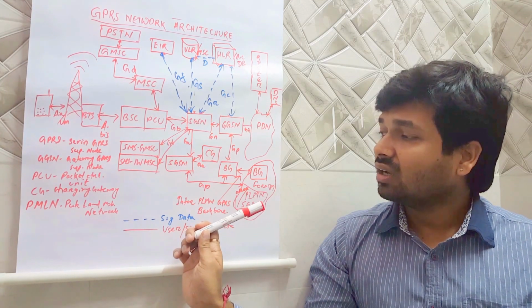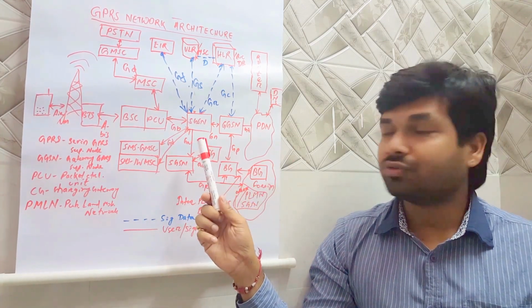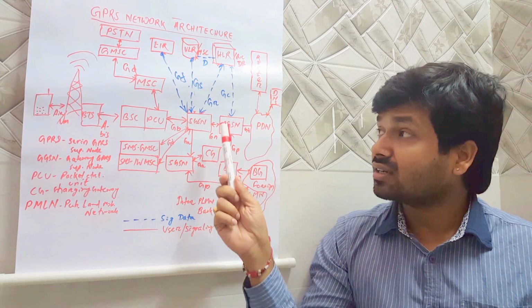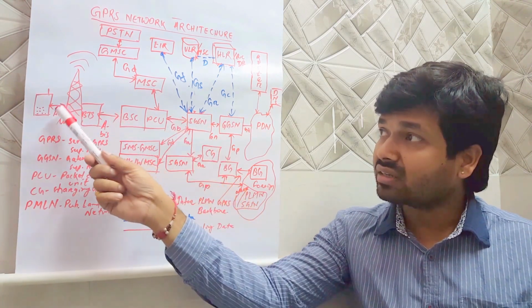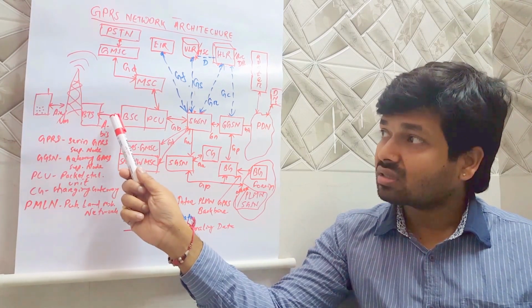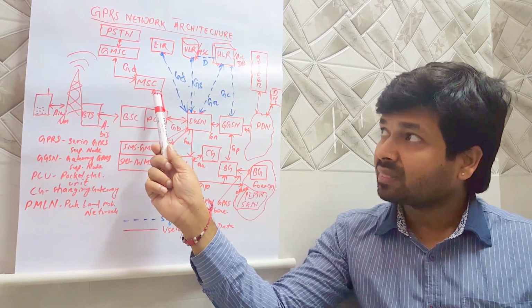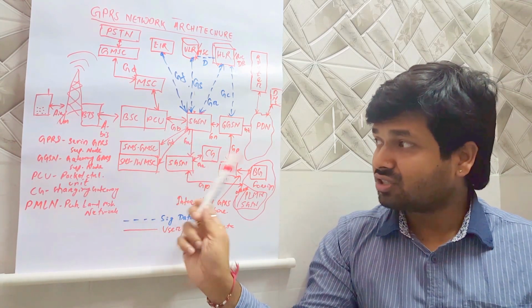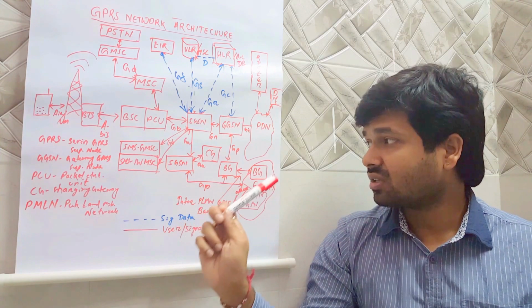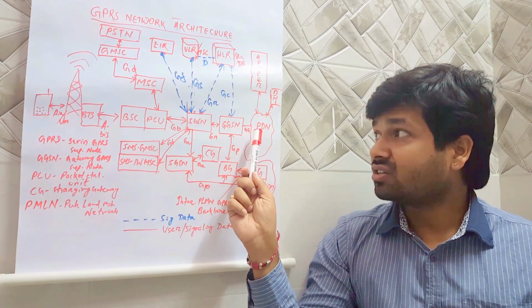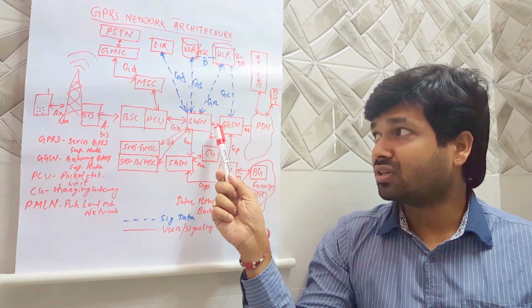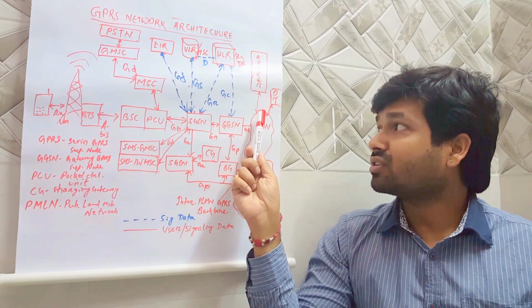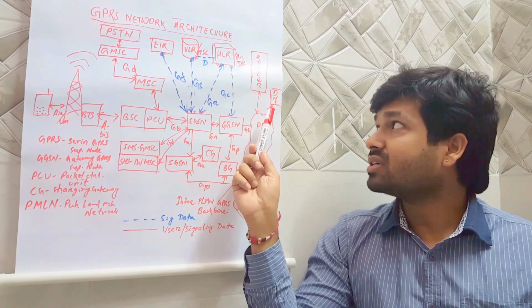So I have clearly denoted two things here. If you pay attention, I'm having this red line which is carrying user and signaling data both. All these red lines: air interface, Abis interface, Gb interface, Gs, Gm, Ga interface, Gp interface, Gi interface, Gn interface between SGSN and GGSN, and also the interface from PDN to router and PDN to DNS.